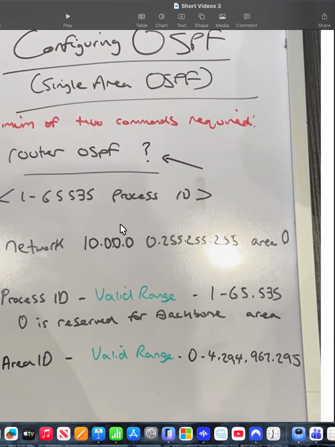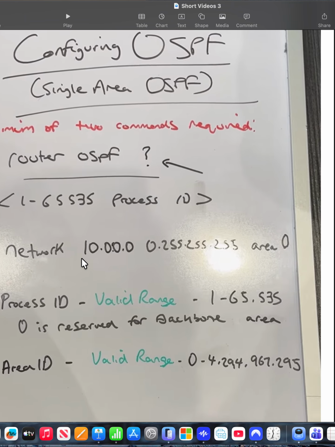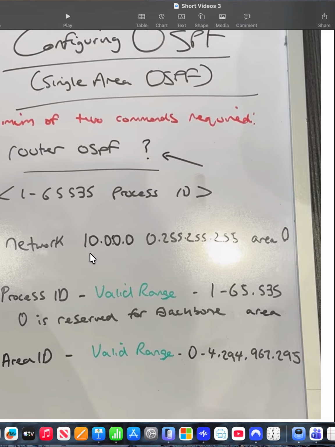So what 0 means is match 10. So for any interface with an IP address beginning with 10, I want you to please match that 10, and then 255 for the other octets. That just means ignore. You can ignore those other octets.